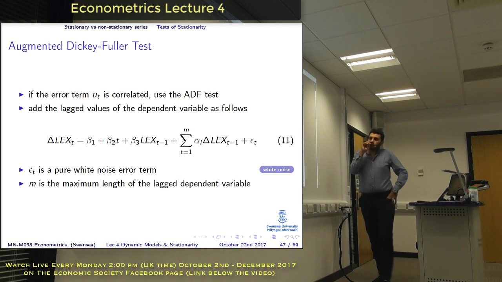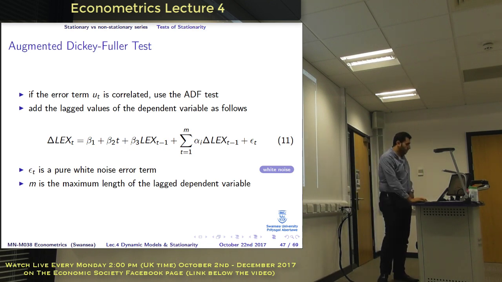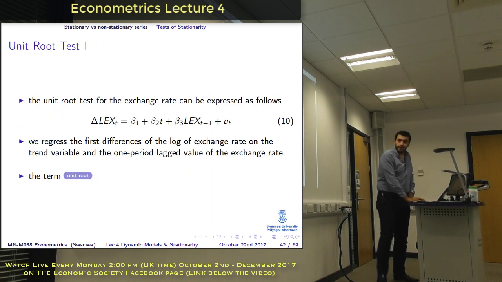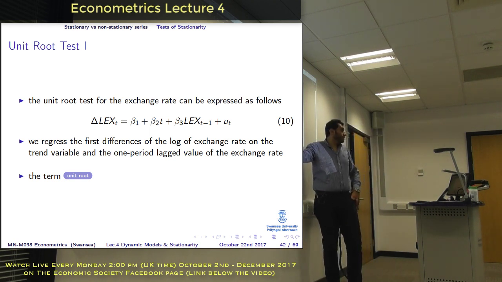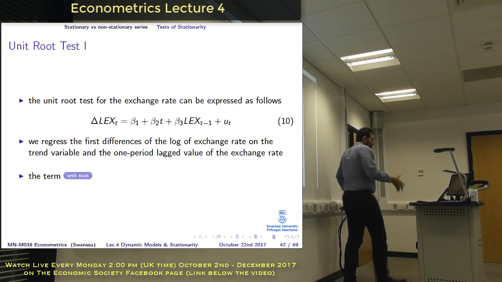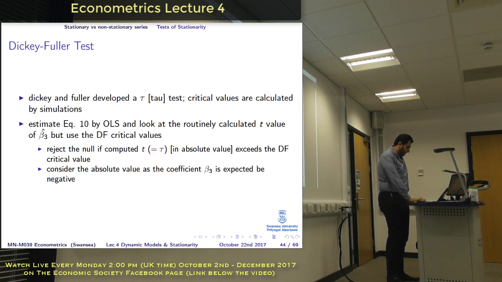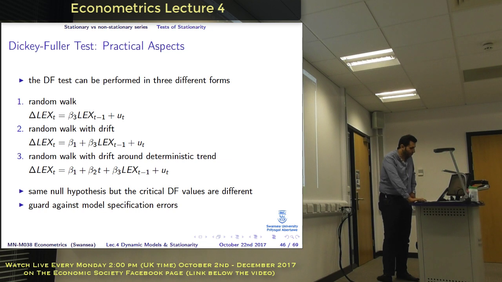So the other form of this: why would we go back only one lag? Why do we go only back to t-1? We could go back further, and this is what the augmented Dickey-Fuller test provides us.